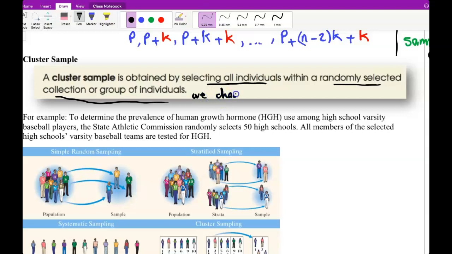So we choose every individual in the selected cluster.